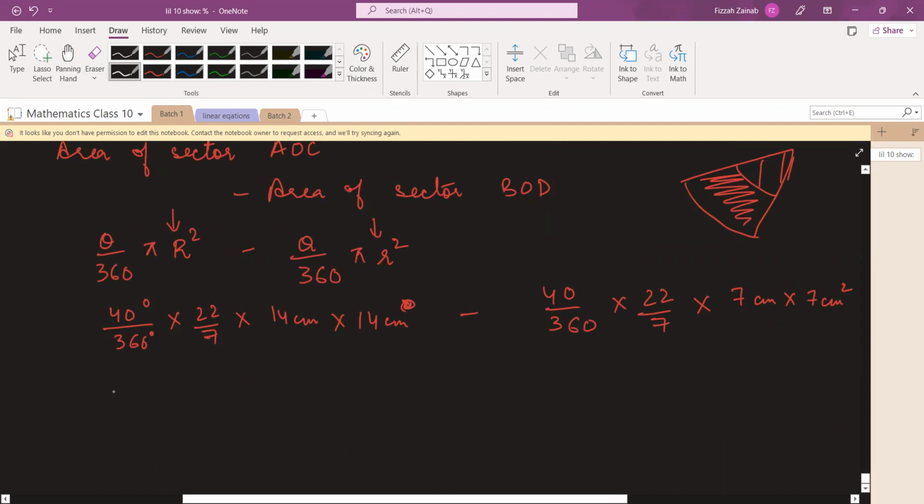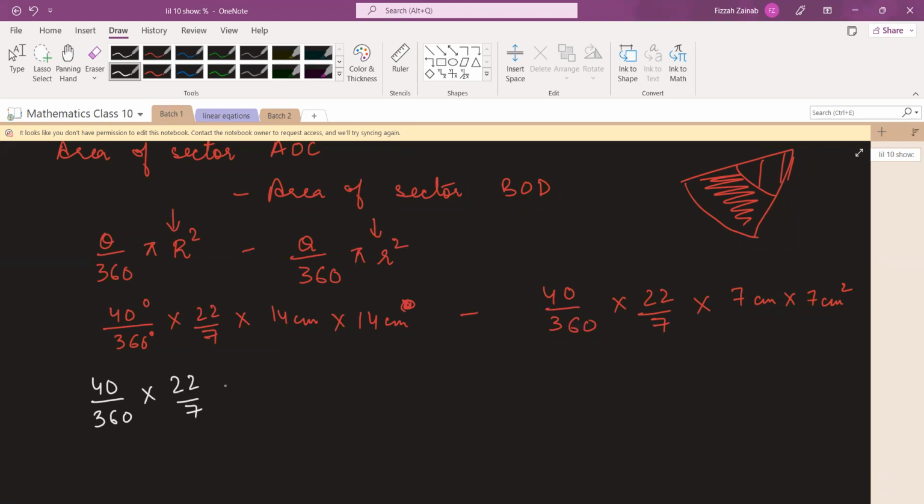So this 40 divided by 360 and then multiplied by 22 by 7. You can take common if you wish, right? So this is 14 into 14 minus 7 into 7, you can take 1 by 7 common, 40 divided by 360. Yeah, so now you can simplify this, right? So this 0 will go and this will be 1 into 9, right?